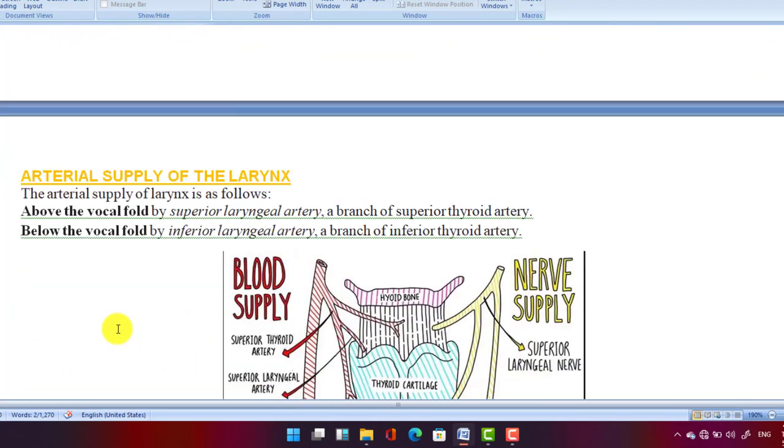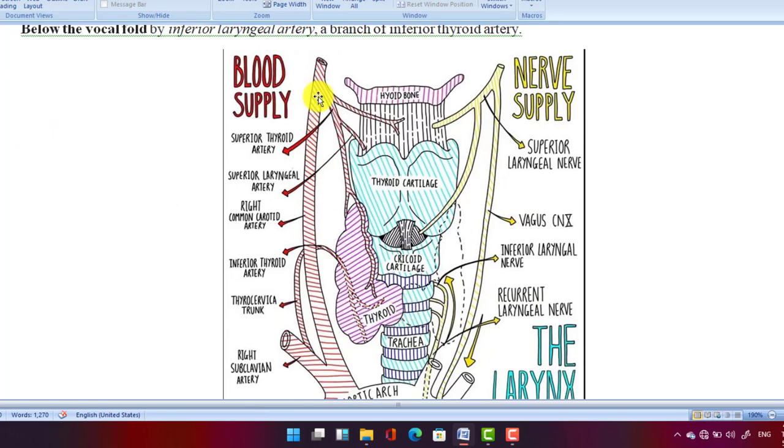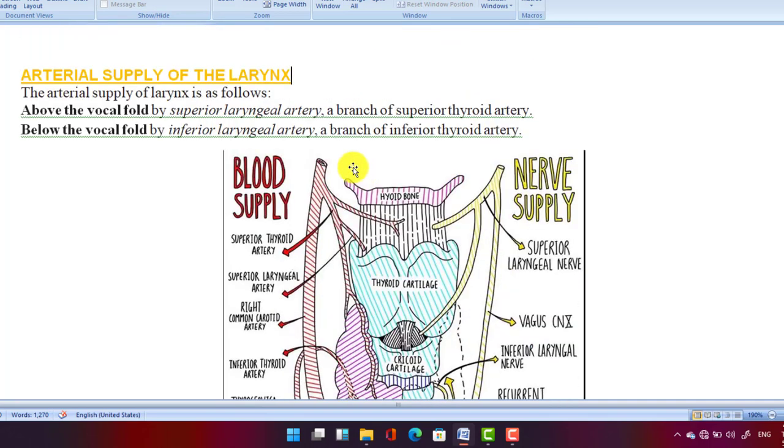Now, what about the arterial supply of the larynx? Our larynx takes its arterial supply from two big arteries, the superior laryngeal artery and the inferior laryngeal artery. You can see in this diagram, I have shown it. This is the right common carotid artery, and this is the right subclavian artery. From these arteries, there are certain branches which separate and supply blood to the larynx.